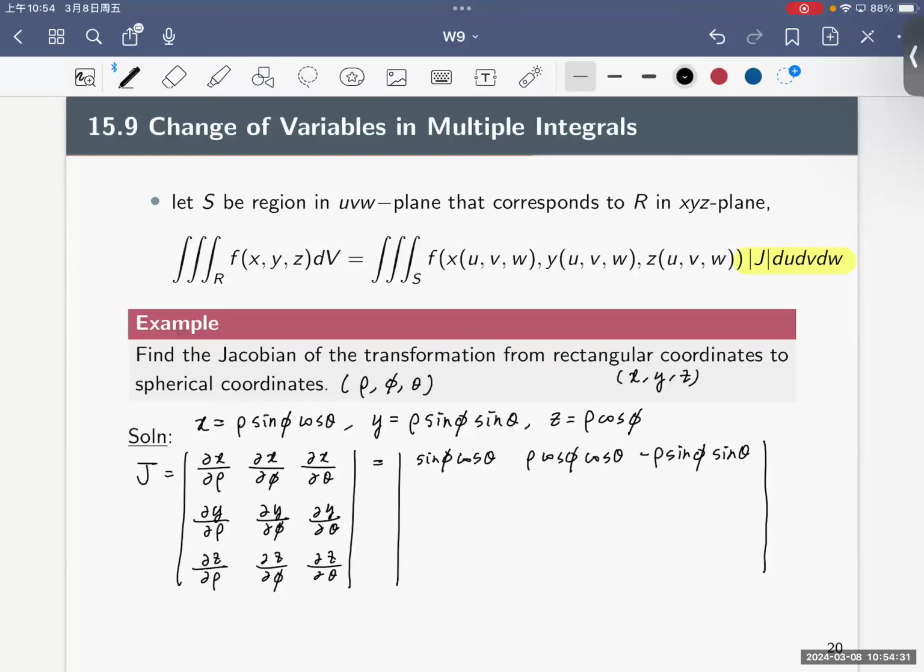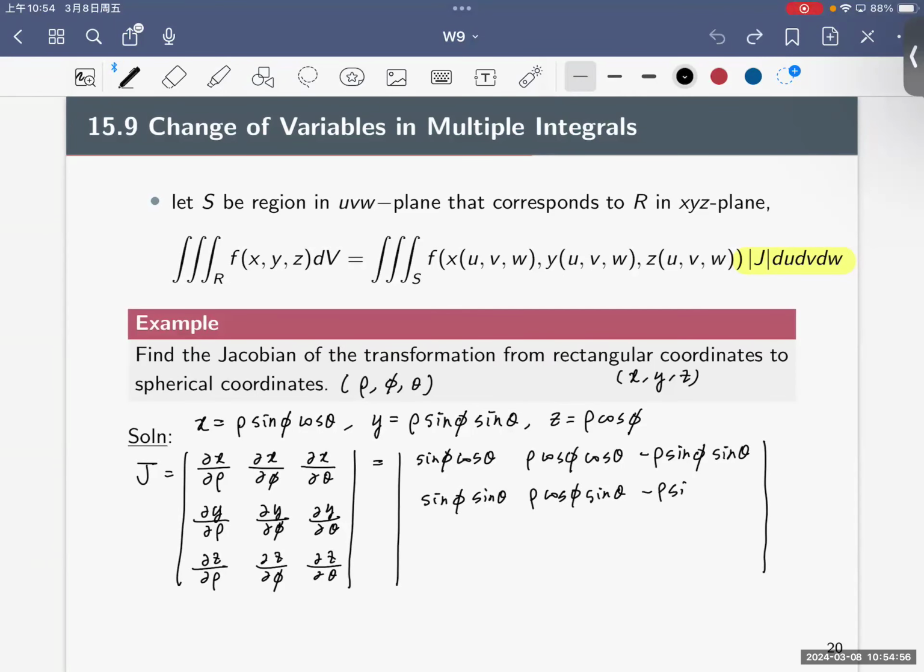This is the first row. Next I work on y's partial derivatives. Partial y partial rho is sine phi sine theta. Partial y partial phi is rho cosine phi sine theta.